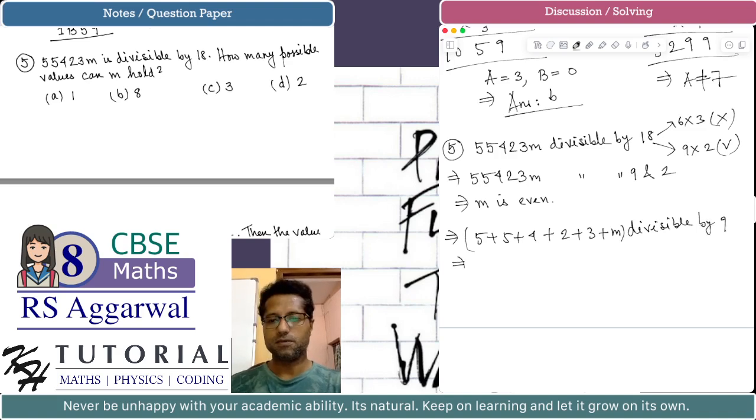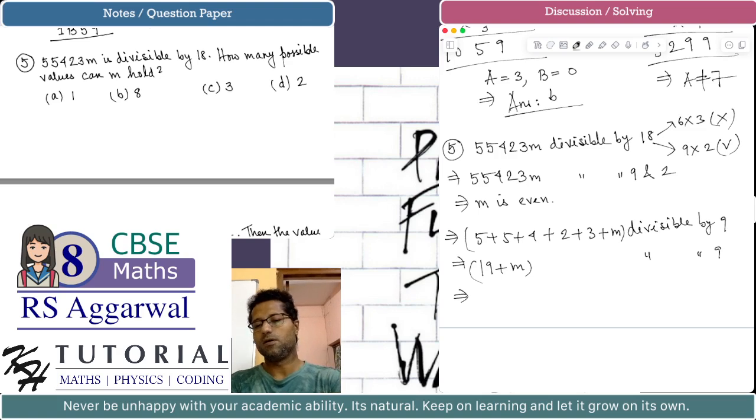So this implies 10, 14, 16, 19 plus m is divisible by 9. Now what are the values of the digit m such that 19 plus m is divisible by 9?